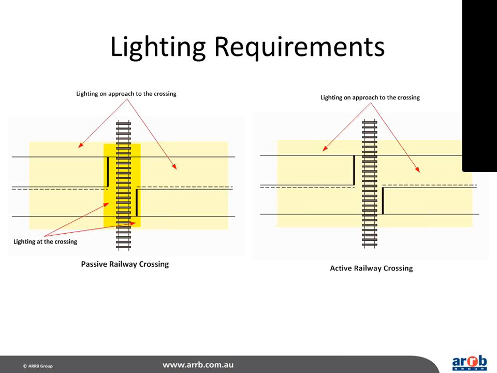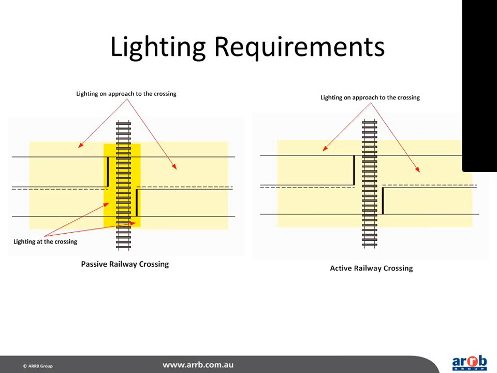So for an active crossing, you will not necessarily look at lighting the crossing, you only look to light the approach to the crossing, to illuminate the approaches so that drivers have a better appreciation of the road layout. But you might also consider providing lighting at the crossing based on site conditions.